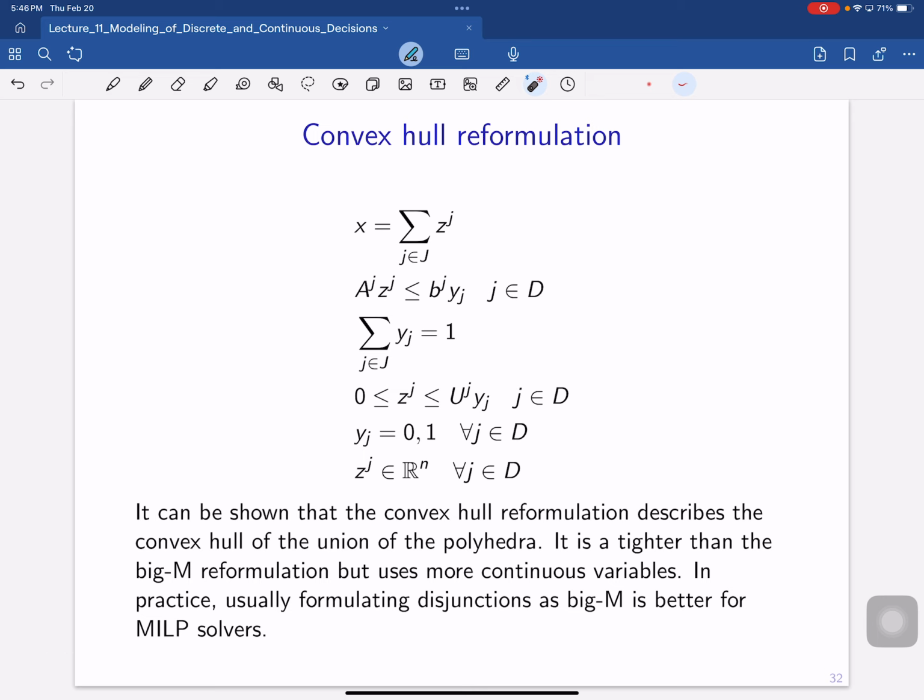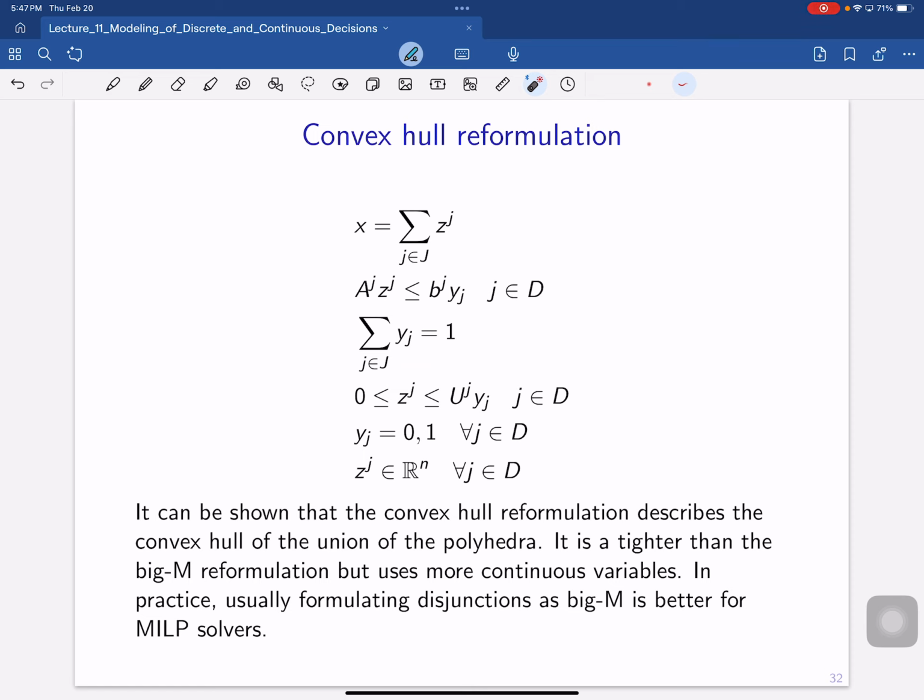I'm not going into the details, but the idea is you are introducing some z_j variable for each of the disjuncts, right? Then here you still have the binary variables y, sum of y_j equals 1, right? And if y_j equals 0, then you will force z_j equals 0, so you have some bounds on the z_j variables.